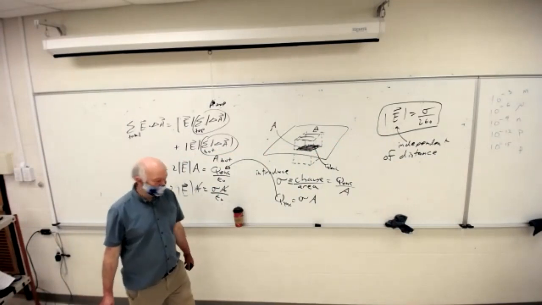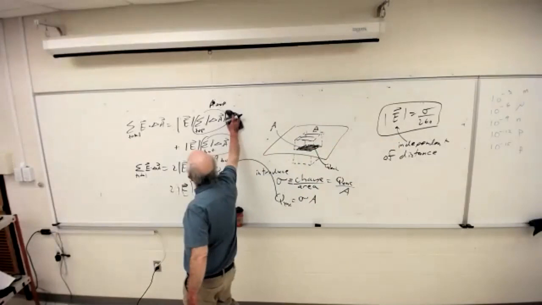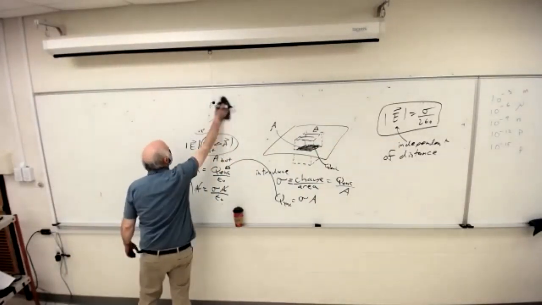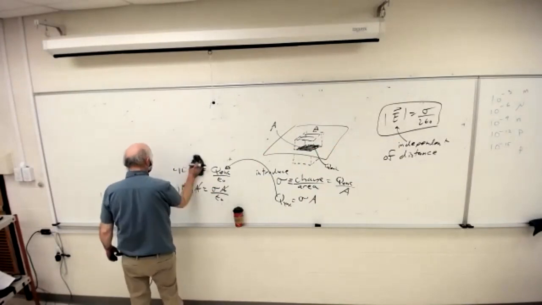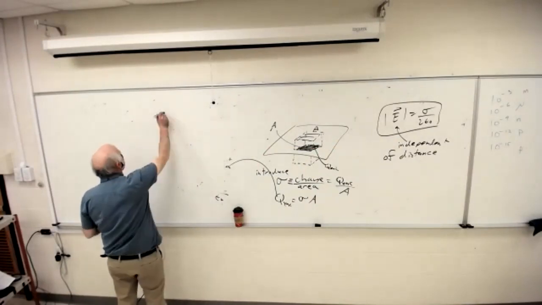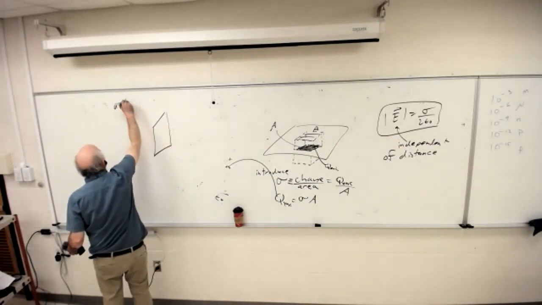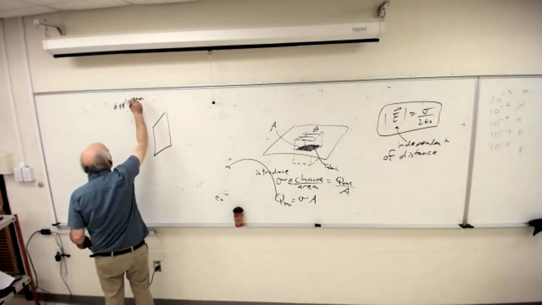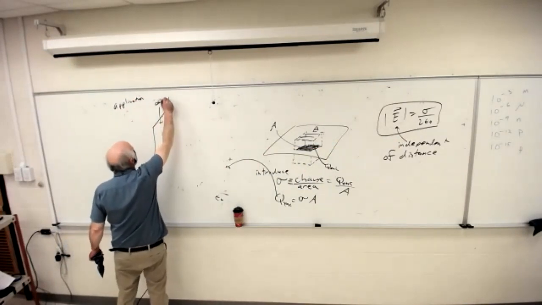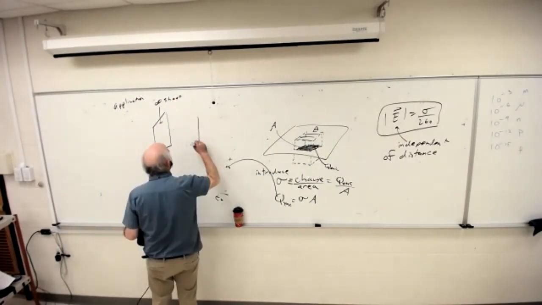Now we're going to make something with this. There's an application of this. Let's say I have two sheets. So this is an infinite sheet, I'm kind of doing an edge view, and here's another one.